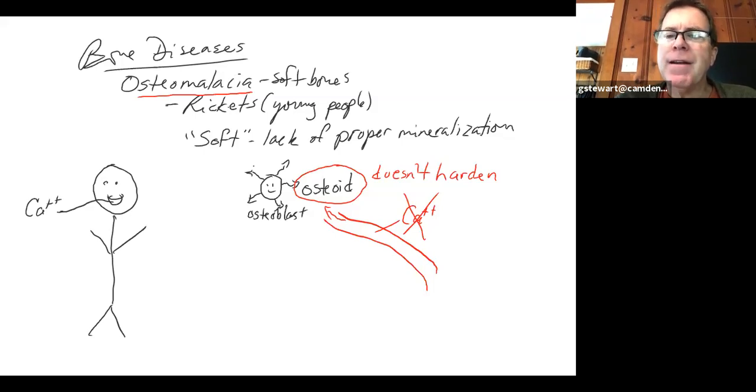If we don't ingest enough calcium, that may cause improper mineralization and soft bones. So that's one way we can get osteomalacia.